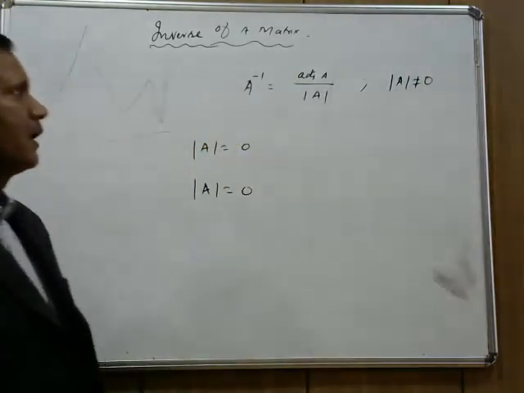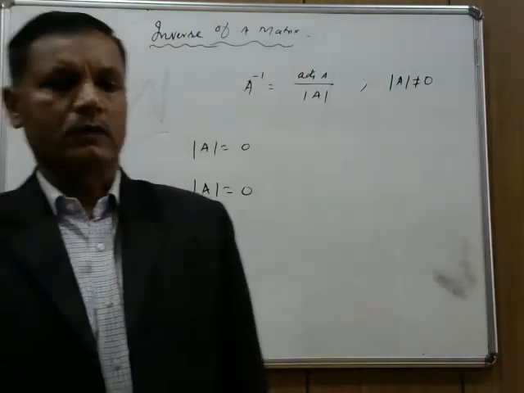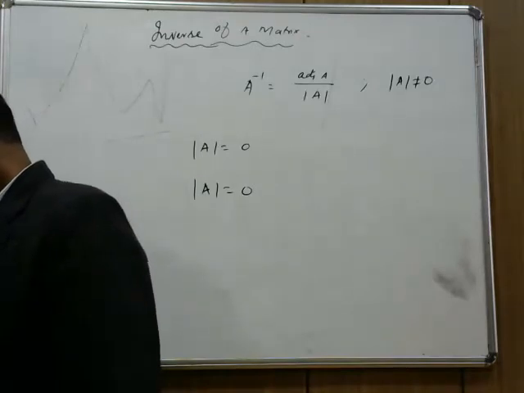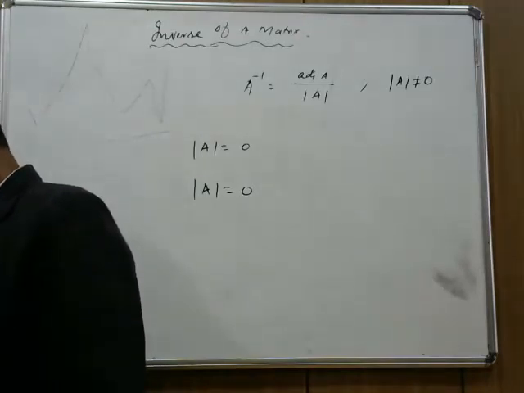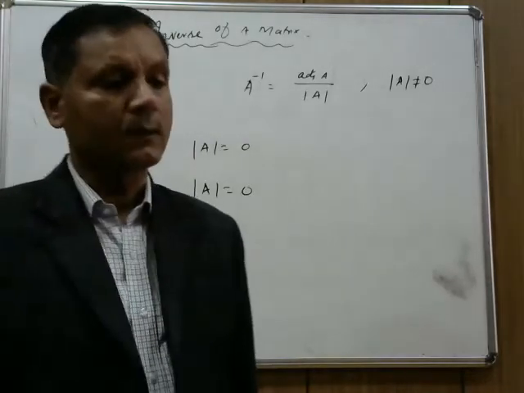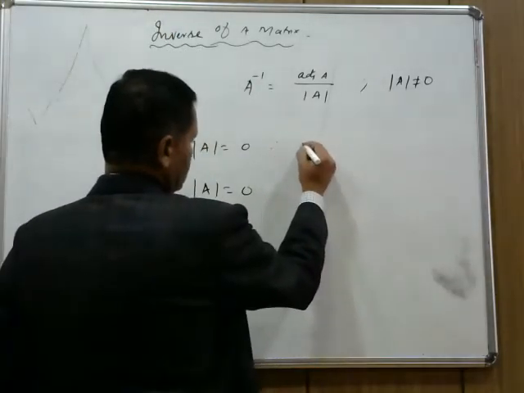And when determinant of A is not equal to 0, it is called what? Singular or non-singular? I think you must have gone through that. When we say that determinant of A is equal to 0, it means it is a singular matrix.